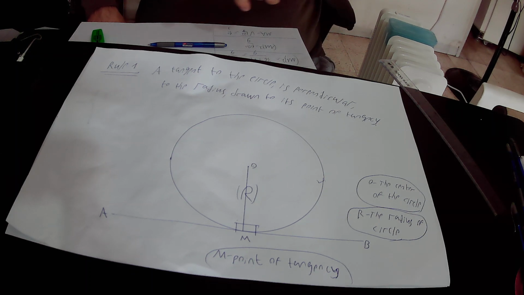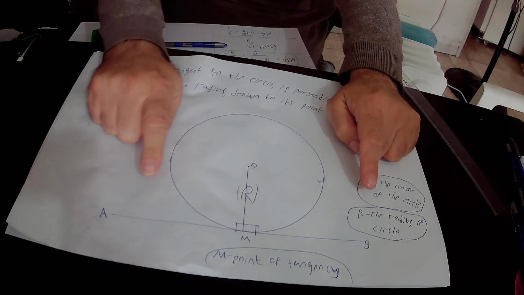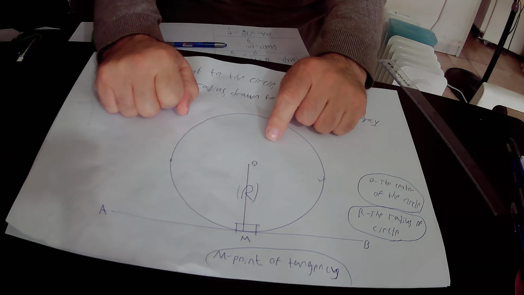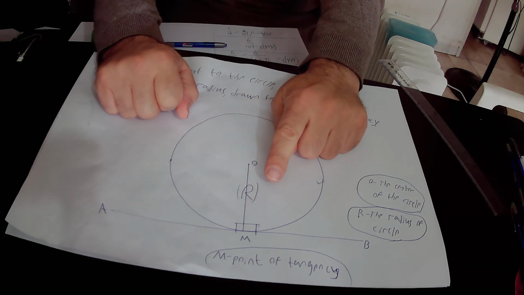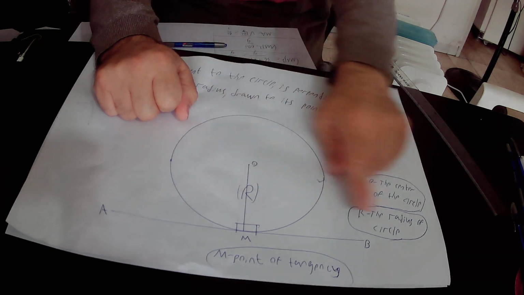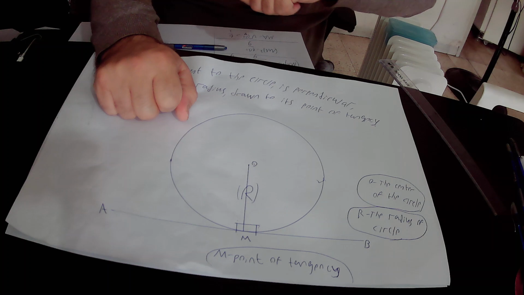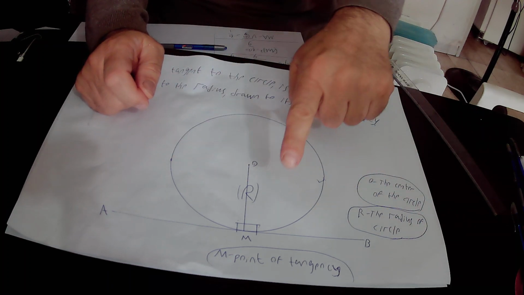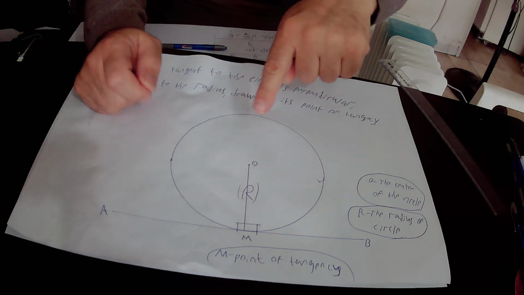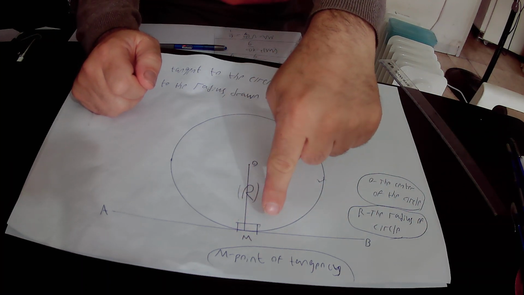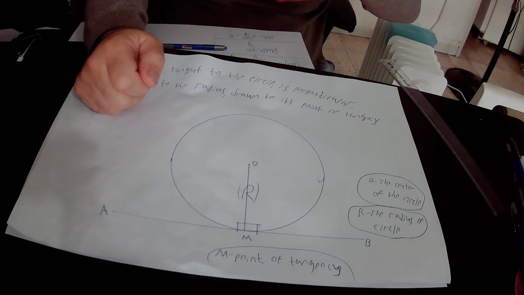In the drawing, we have a circle and tangent AB that is tangent to this circle at point M. Point M is the point of tangency, and we have the radius OM drawn to point M. Whenever we have a radius drawn to the point of tangency, then tangent AB will be perpendicular to the radius MO. If AB is perpendicular to MO, it means that this angle equals 90 degrees, and this angle also equals 90 degrees.